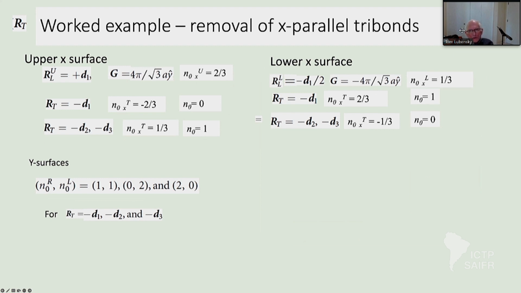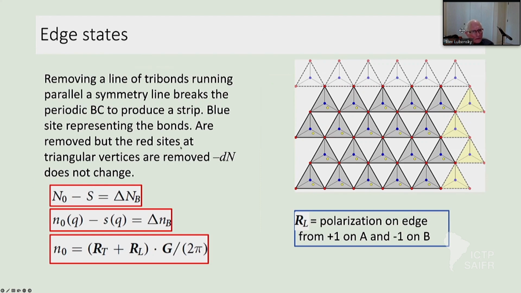If we look at the lower surface, then RL is minus D1 over 2. And of course, since you dot RL into Q, then any of these vectors, either minus D1 over 2, or because we're dot producting this into the minus G that points downwards, the dot product of that with either of these three vectors is the same.